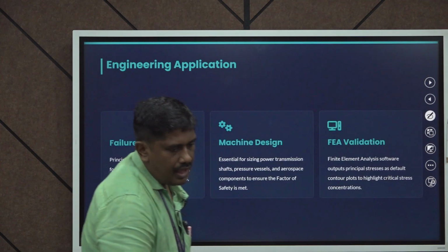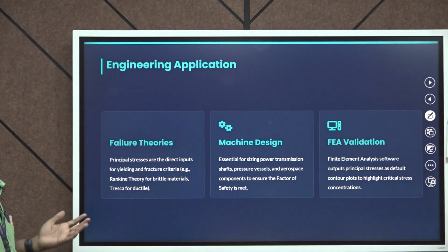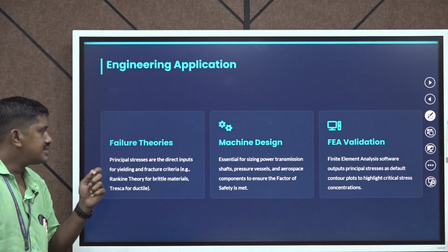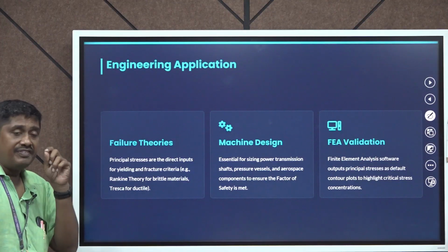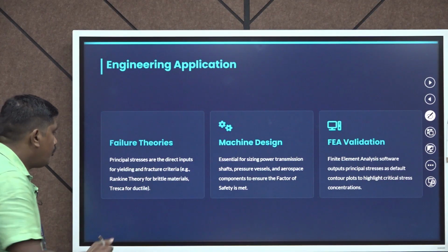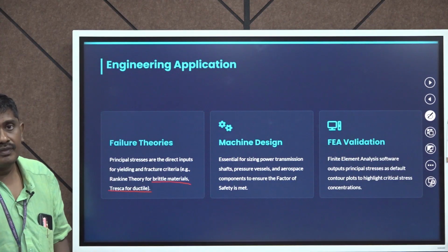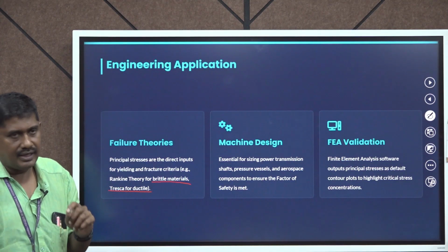For the overall engineering application, in failure theory, the principal stress as a direct input to yield is very important. For any brittle or ductile material, the principal stress should be considered.